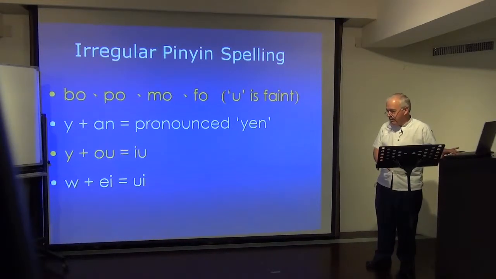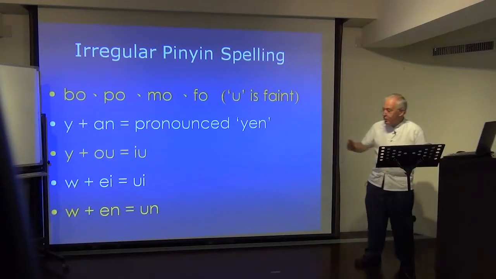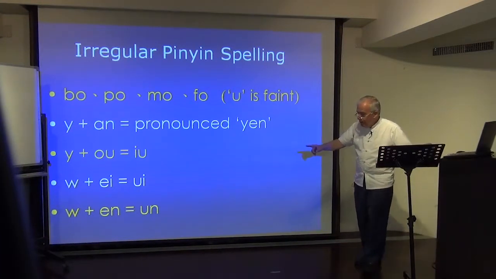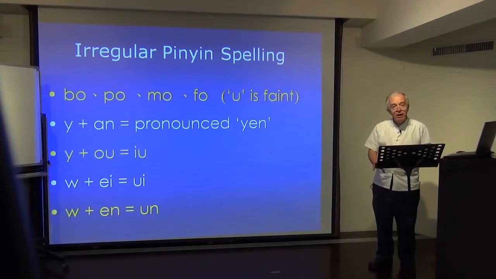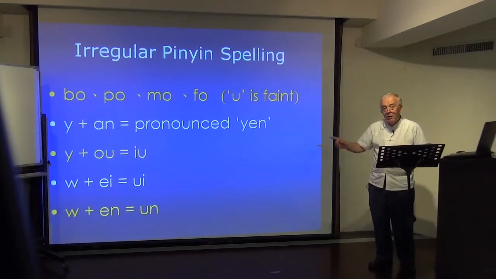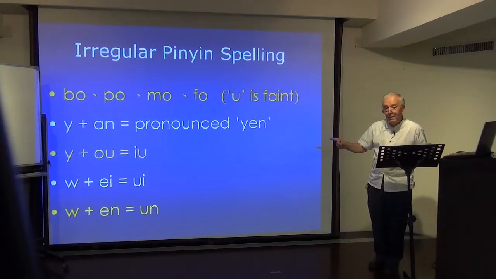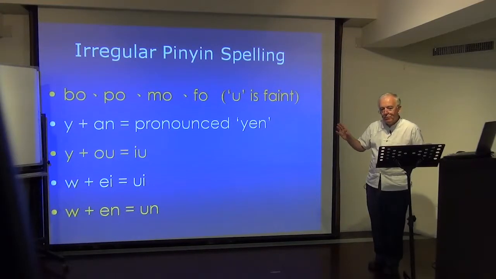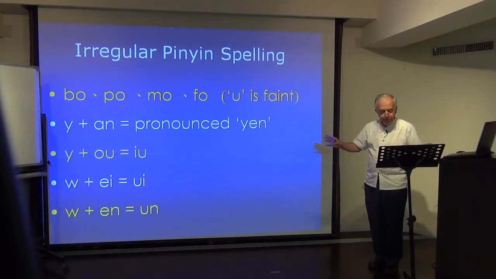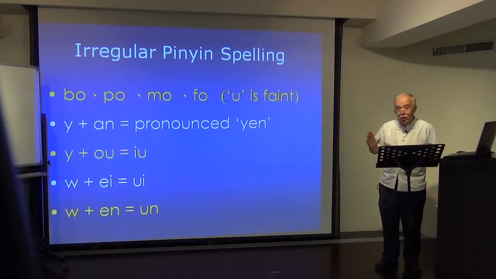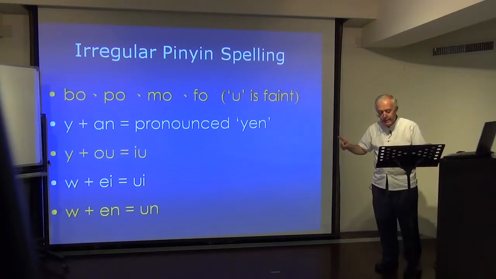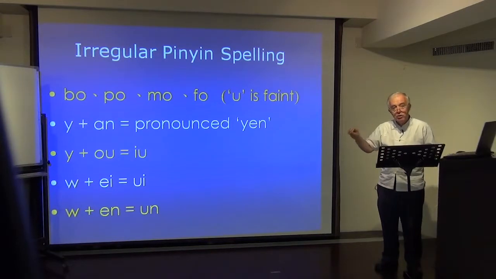Finally, and this can be quite a big problem with some students, W plus N, wen, wen shui, W-E-N, wen, put a consonant in front and it becomes U-N. But the problem is, U-N has different pronunciation. With most consonants in front, like K, it's kun or D, dun. But with J, Q, and X, it becomes yun, jun, qun, xun.